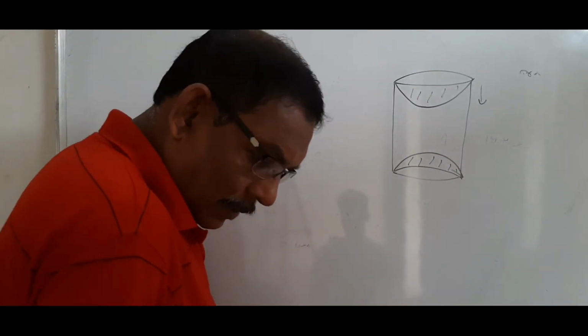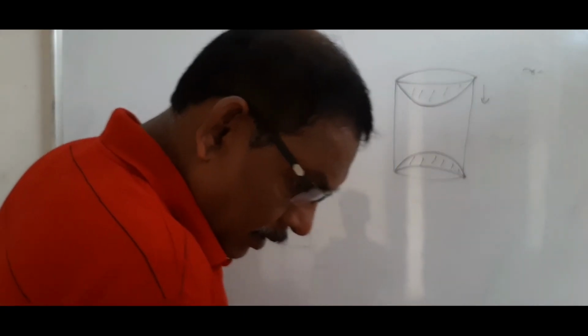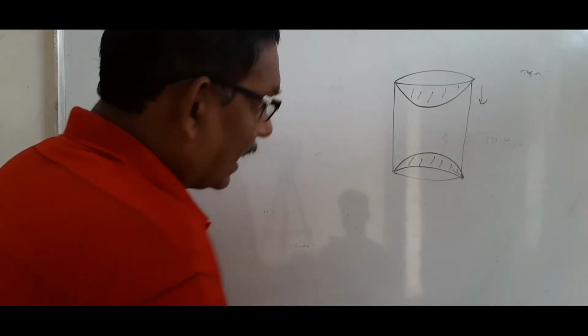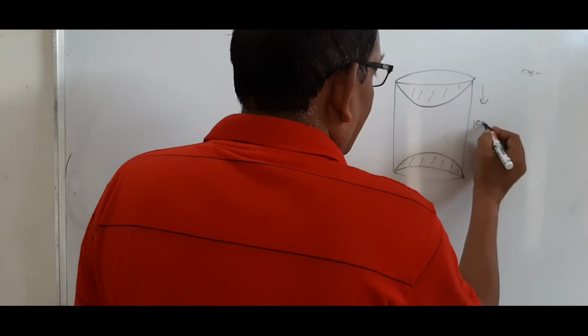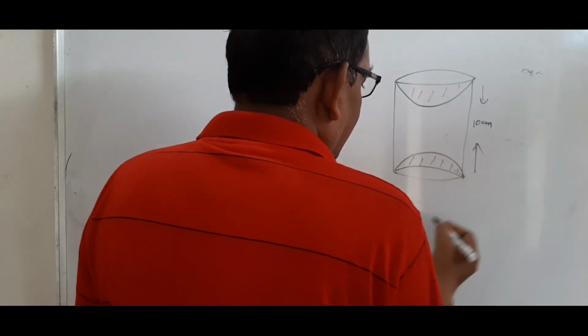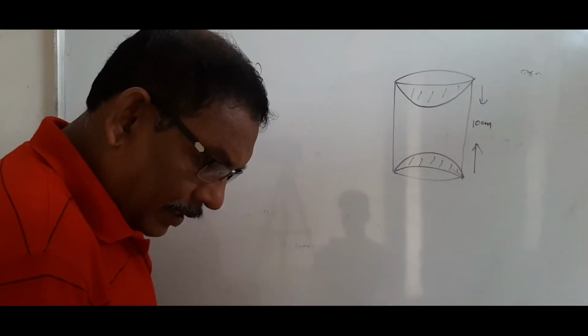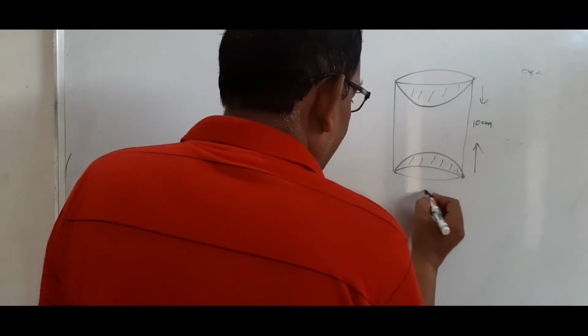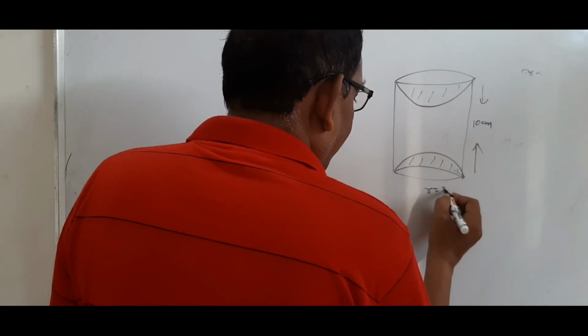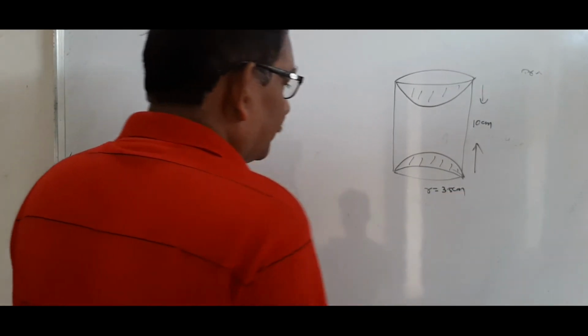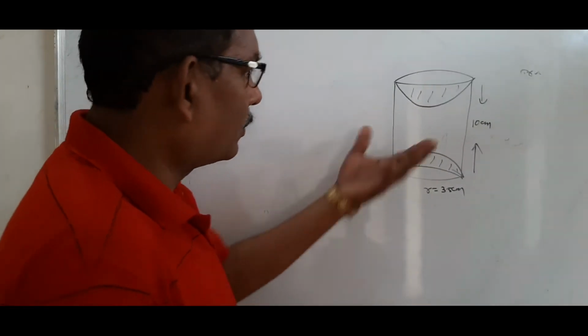The total height is given as 10 centimeter and the radius is given as 3.5 centimeter. So how to solve this problem?